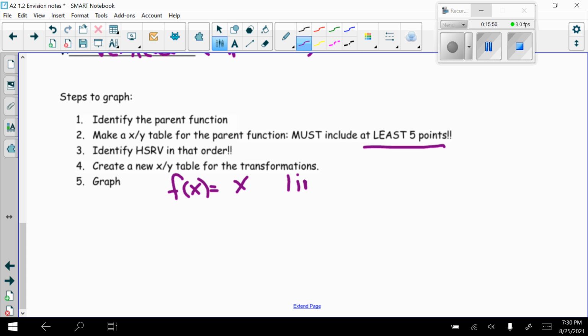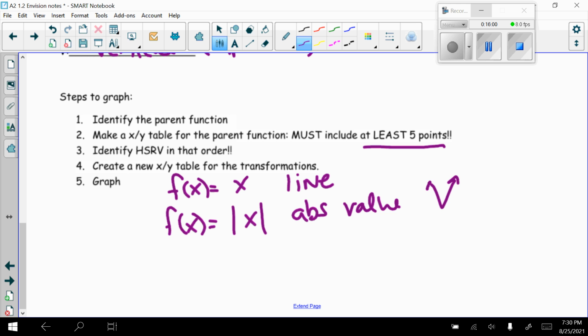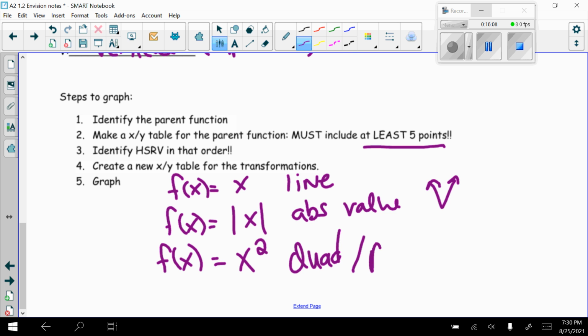Remember, this is a line. f of x equals the absolute value of x. Remember, this is an absolute value. It's a V shape. f of x equals x squared is a quadratic, which is called a parabola when we graph it, and it's a U shape.